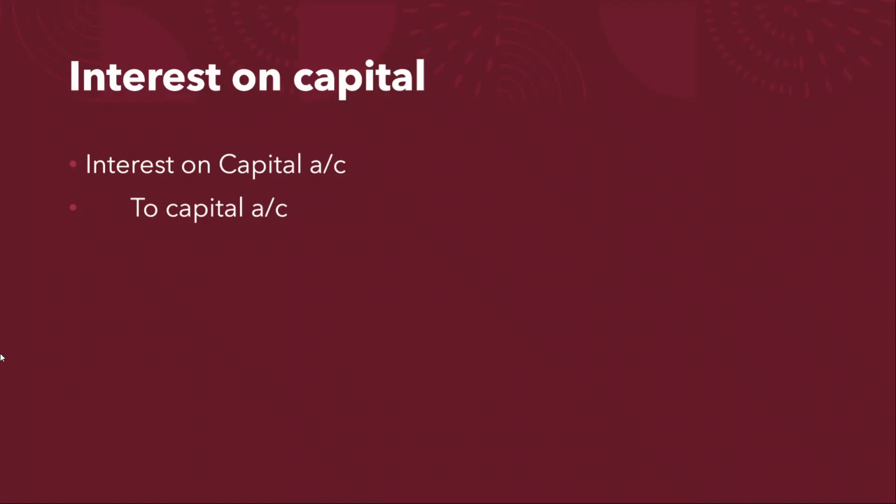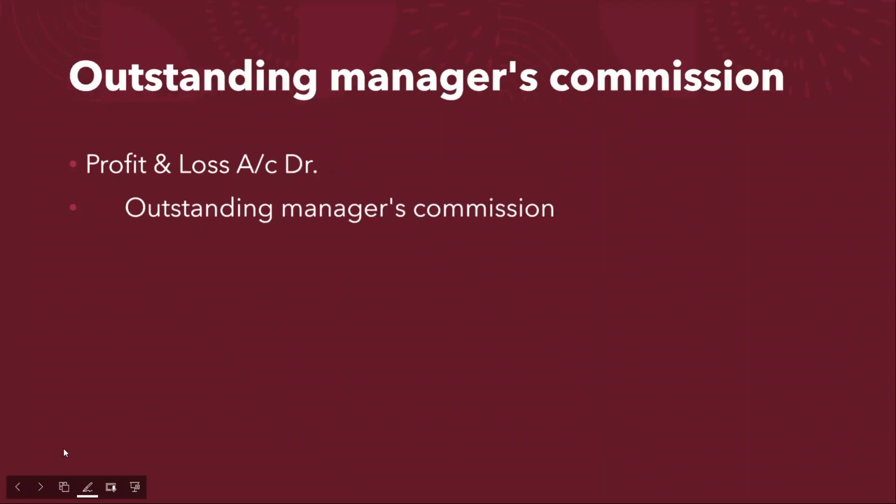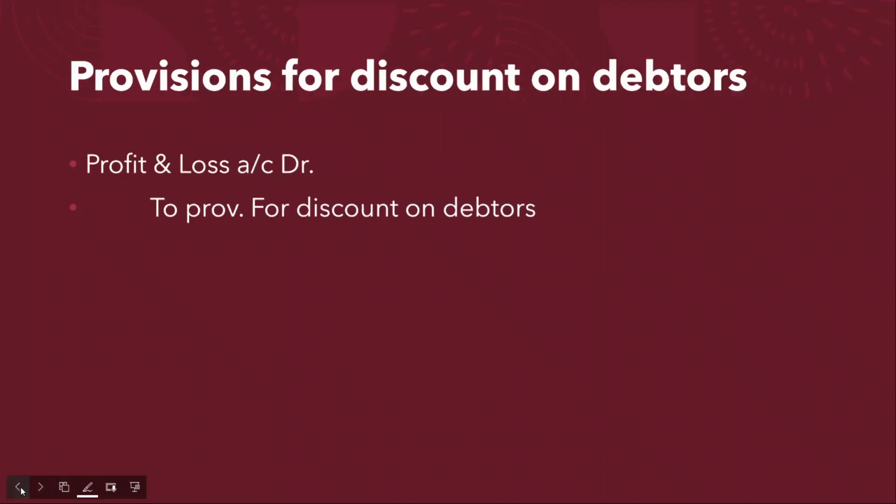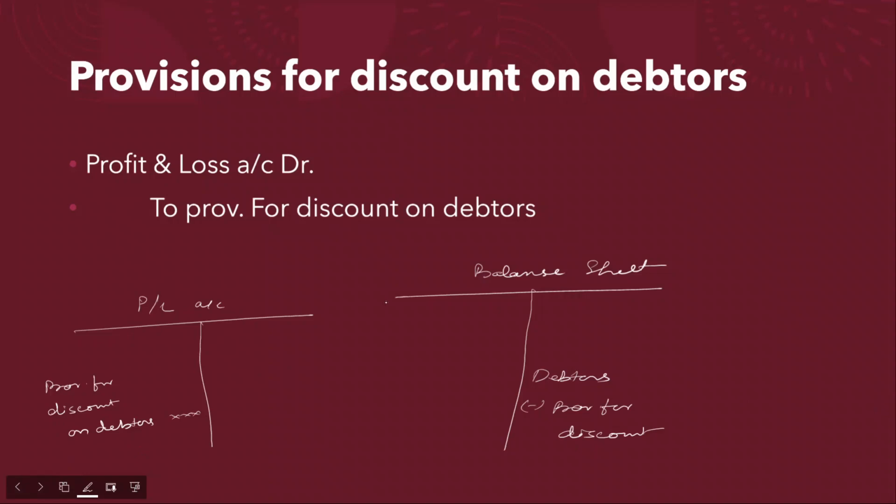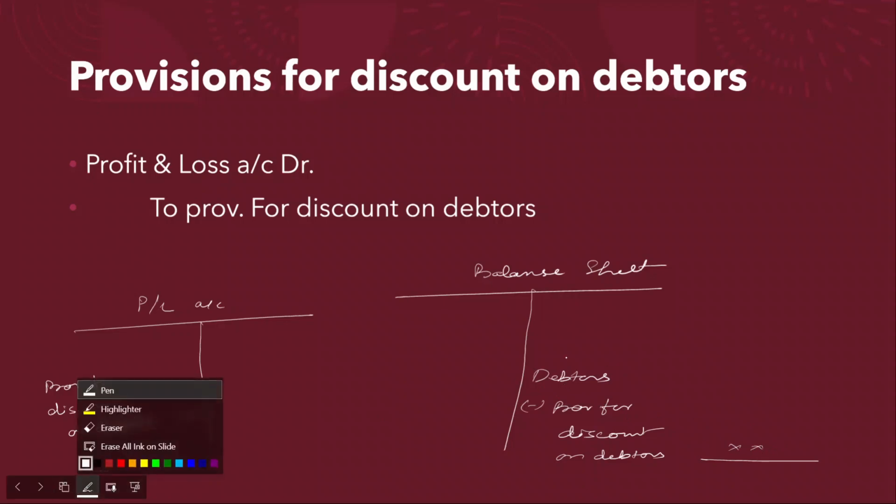Okay. So here finally whatever the amount will come will show the actual debtors standing on the current date. So this is the actual debtors.